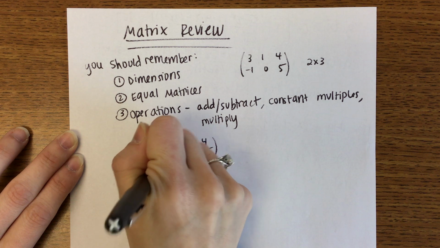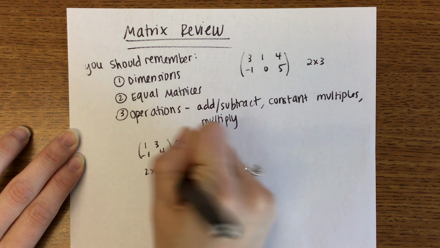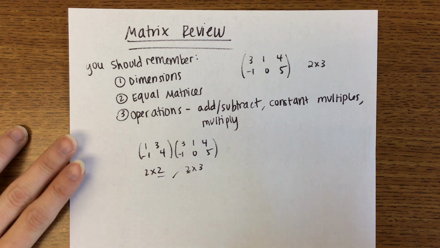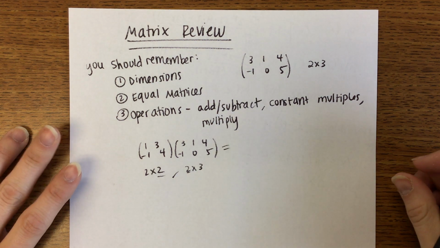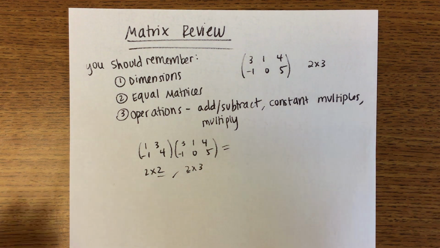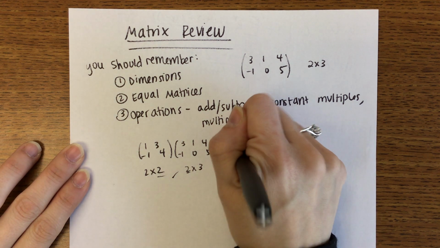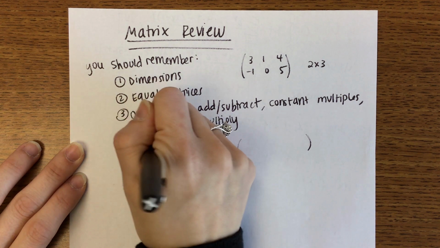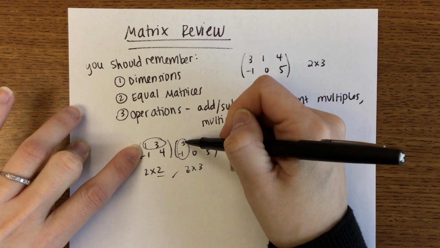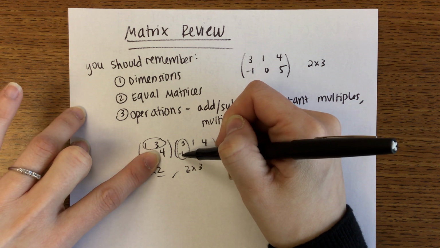Okay, so the first matrix is 2 by 2, the second one is 2 by 3. Inner numbers are the same, so it is possible to multiply them. What is going to be the dimensions of the answer matrix? 2 by 3, the outside numbers. Okay, every row by every column. So I would do 1 times 3, which is 3. 3 times negative 1, which is negative 3.